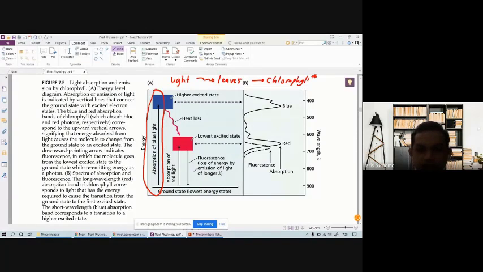Some of the energy is also lost by fluorescence. What does it mean? It means that the chlorophyll itself re-emits the spectrum that is green.